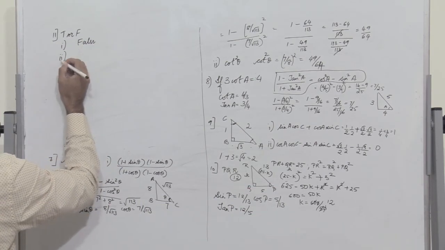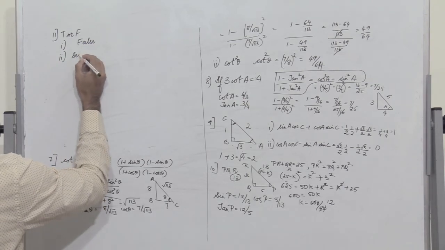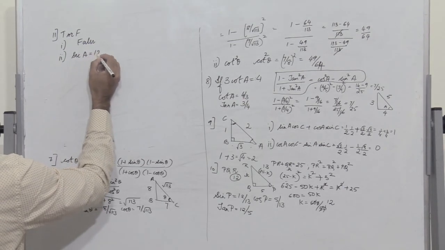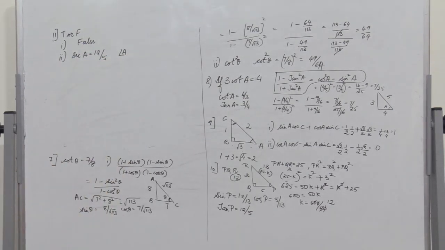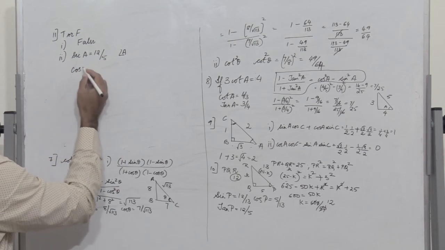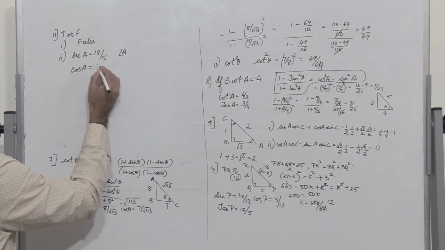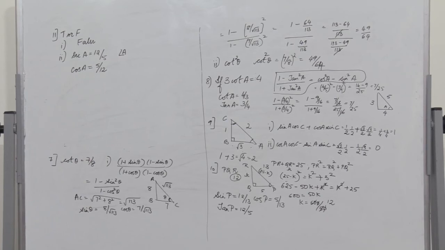Now what about the second statement? The second statement is that secant A is 12 by 5 for some angle A. Now what is secant A? Secant A is nothing but 1 by cos A. So cos A is 5 by 12. Right?